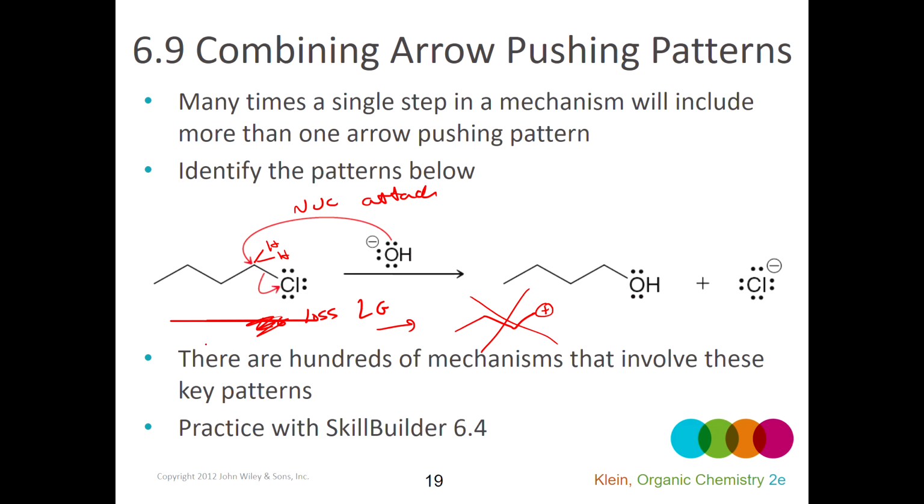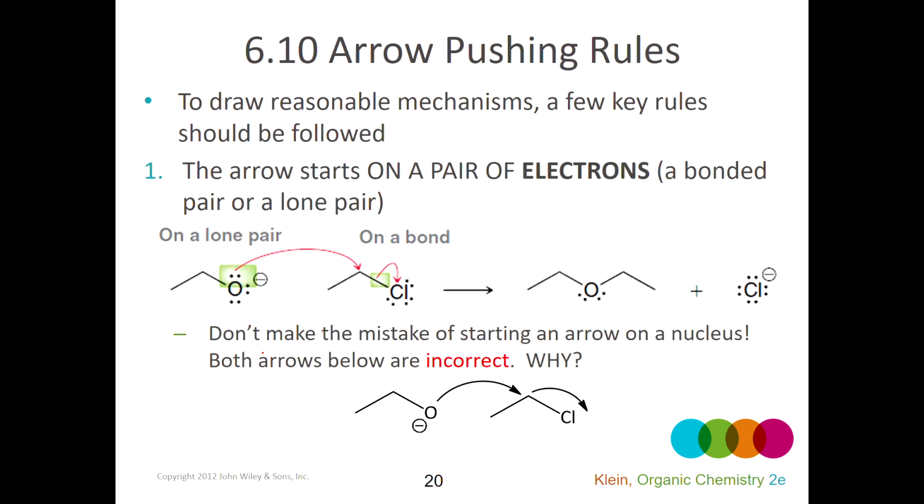And there are hundreds of different mechanisms that involve these four main patterns: nucleophilic attack, loss of a leaving group, proton transfer, and carbocation rearrangement. So part of this skill that you need to learn here involves also recognizing when arrows are not reasonable or they're not showing correct movement of electrons.